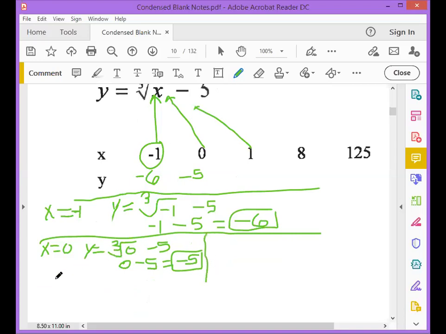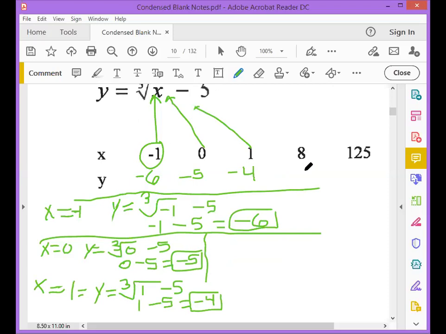All right, next we want to substitute x equals 1. So using our equation, y equals the cubed root of 1 minus 5. And the cubed root of 1 is just 1. And 1 minus 5 is -4. So when x is 1, y is -4.